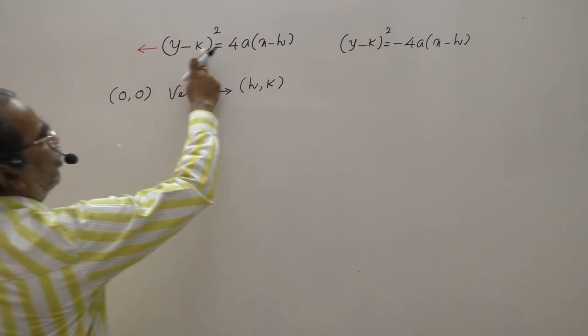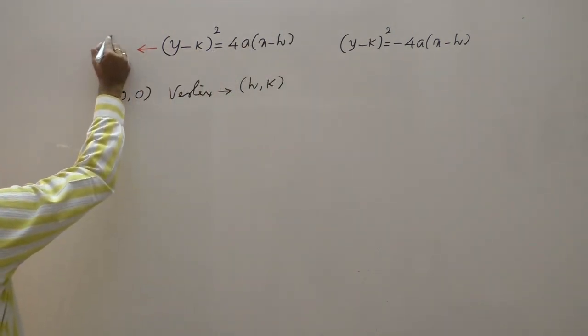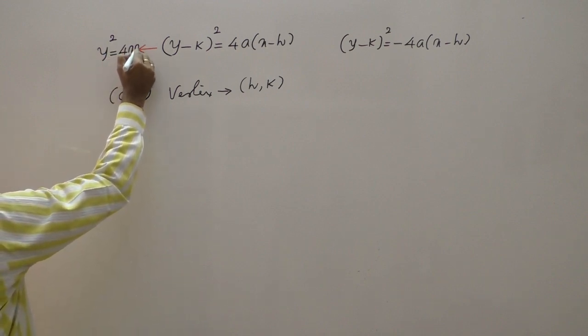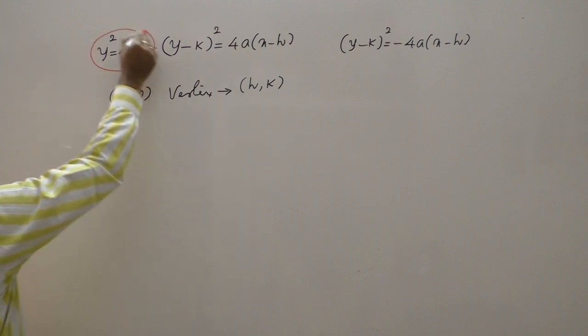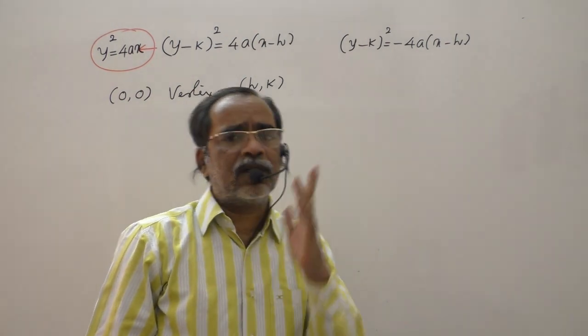If I put h equal to 0, k equal to 0, this parabola becomes y square equal to 4ax. What is y square equal to 4ax? It is the standard form, first set, first one.